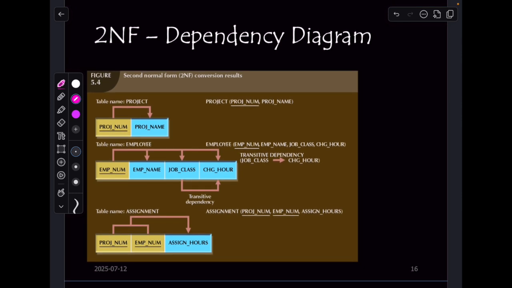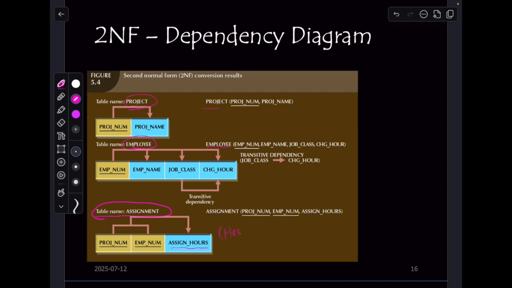Now we have how many tables? 3 tables. The first table is project. Second table is employee. How did we make it? Breaking the partial dependencies. And the original composite primary key creates assigned hours.